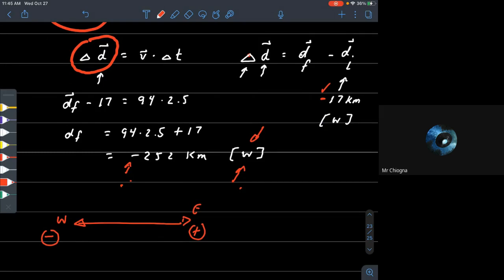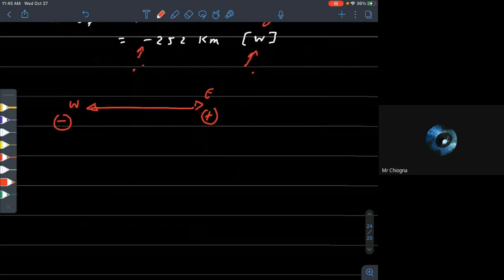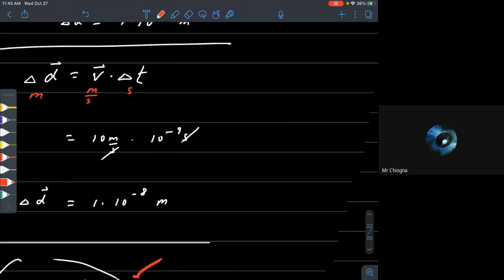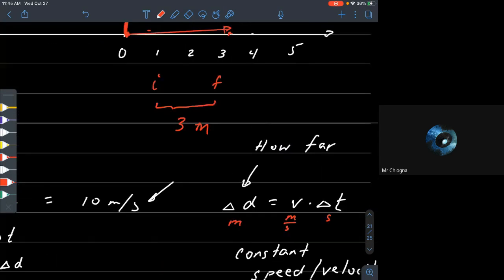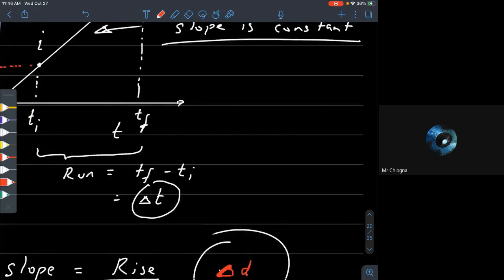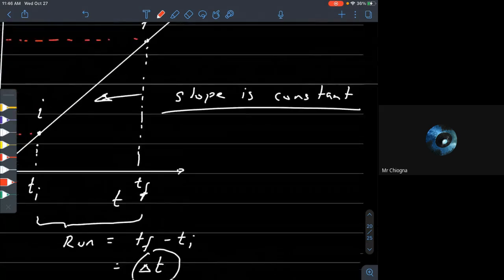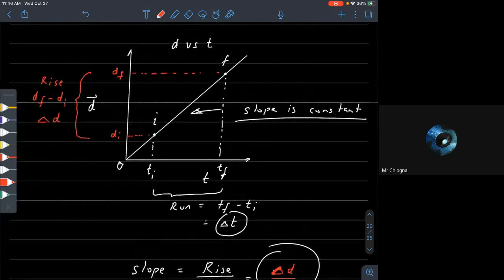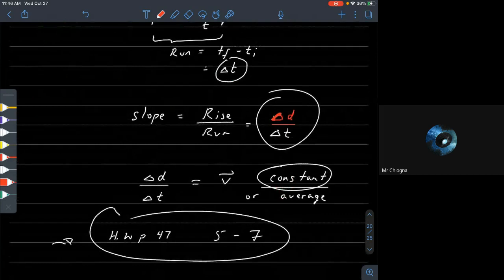Okay, now I'm going to go on to more about position time graphs. So let's go back to this just so we can review. I know I told you to read it. So it so happens, this is an interesting point. On a position time graph, the slope of a straight line happens to be the velocity. The slope of a position time graph is the velocity.